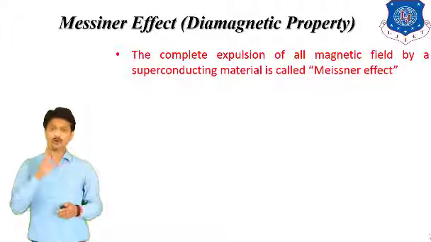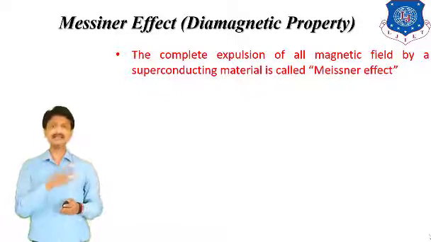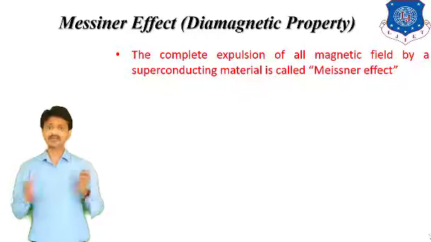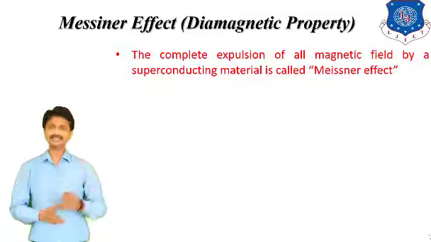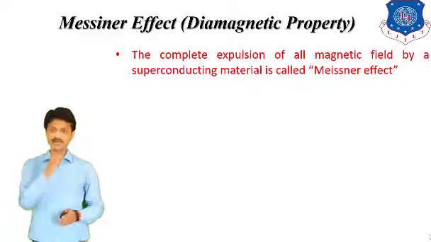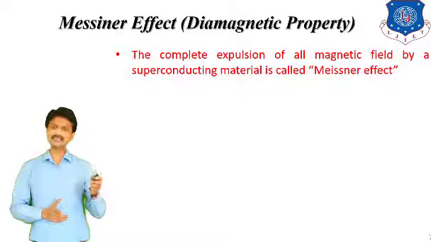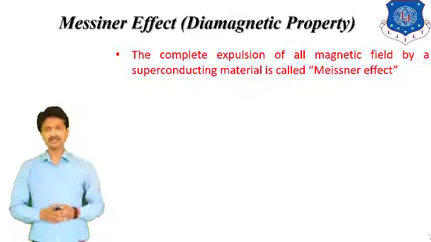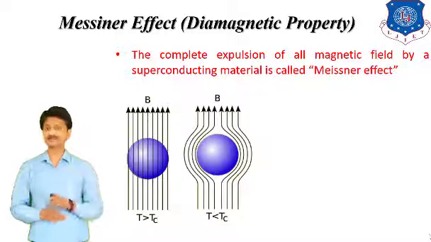Both the developed magnetization and the external applied magnetic field are equal in magnitude and opposite in direction, so they cancel each other everywhere inside the material. That property is nothing but the diamagnetic property. So we can say that below the critical temperature, a superconductor behaves as a diamagnetic substance.